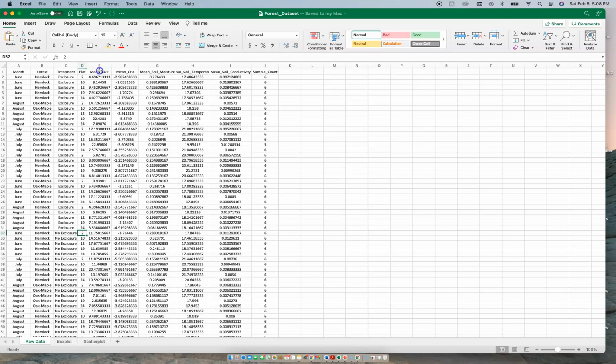This is a measure of central tendency, the mean. I would want to include a measure of the spread of the data, or a measure of dispersion, such as the standard deviation or the standard error. So this is the data that we'll be working with in order to look at box plots, scatter plots, t-tests, and regression analyses.